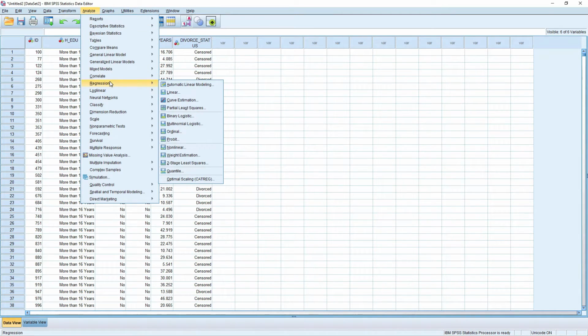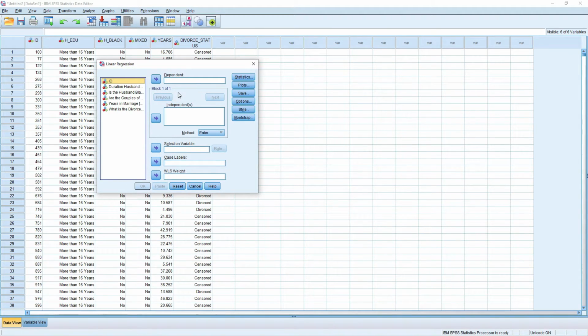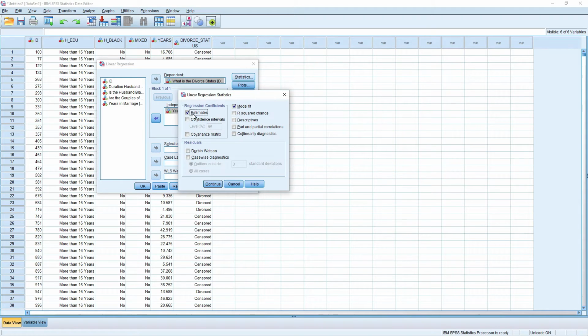So we're going to do linear regression so that we find if there is any relationship between the number of years in marriage and the divorce status. So the dependent variable is the divorce status, and the independent variable is the years in marriage. The statistics we are going to conduct are model fit and the estimates at a 95% confidence interval.